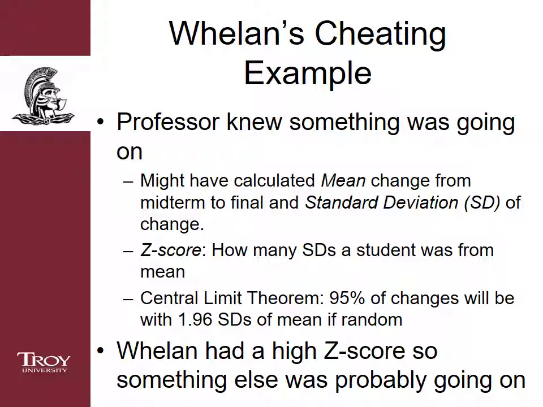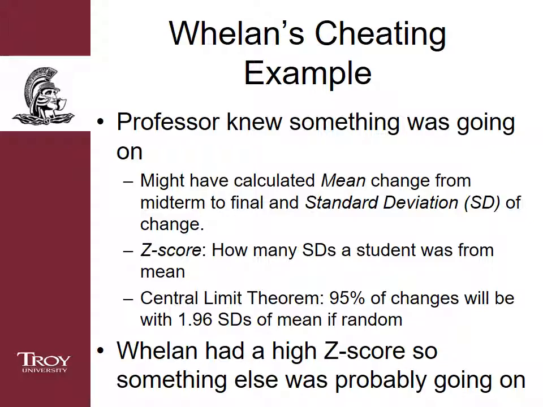But we know from the central limit theorem, and I'm kind of skipping down to the third point, that if these folks are randomly distributed, 95% of the students will fall within 1.96 standard deviations of the mean, which you're free to interpret as 2, but it's 1.96.